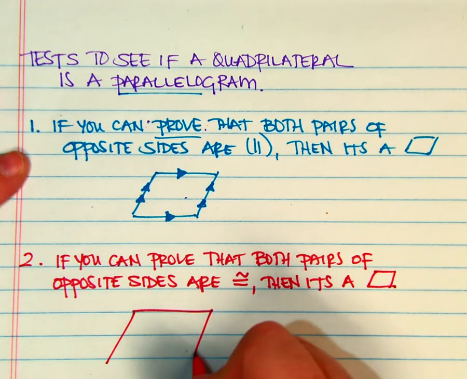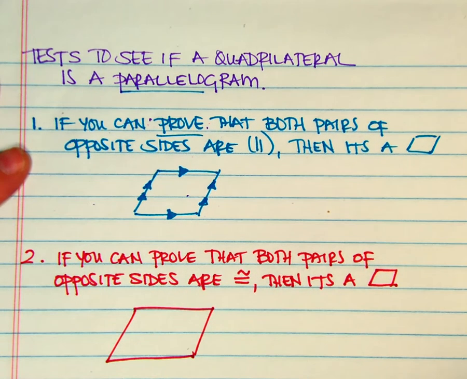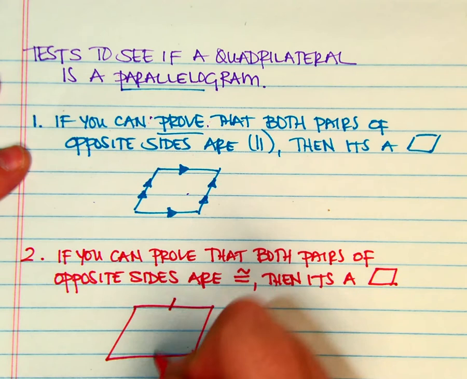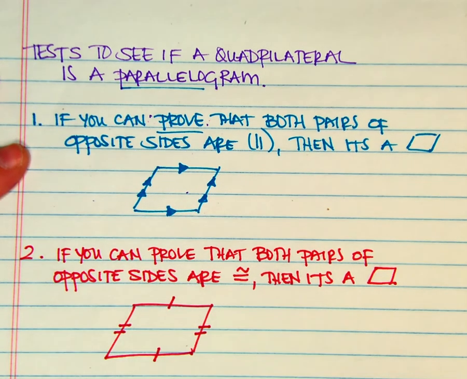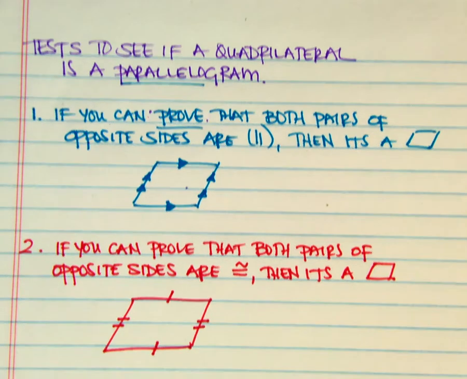So let's say you have some quadrilateral. If you can somehow prove that these sides are congruent and these sides are congruent to each other, then you can say it's a parallelogram.